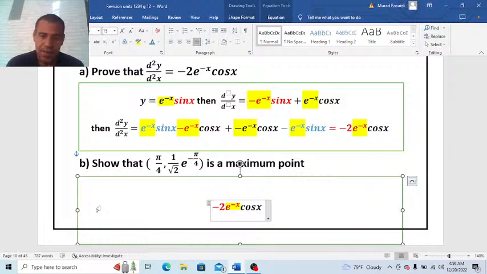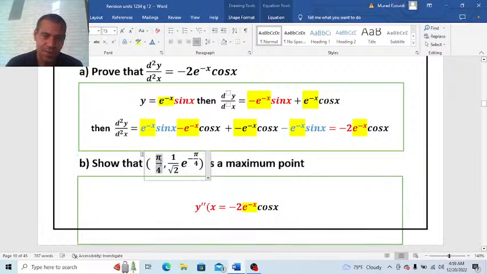So now come here. So y double dash, when x equals pi over 4, should be equal to what, learners?